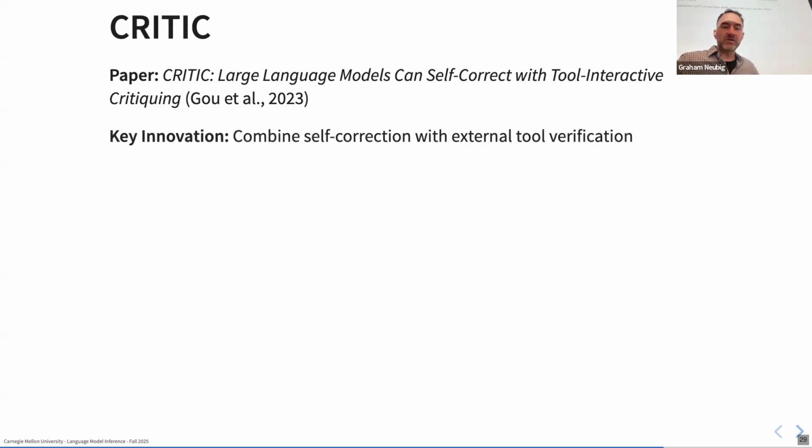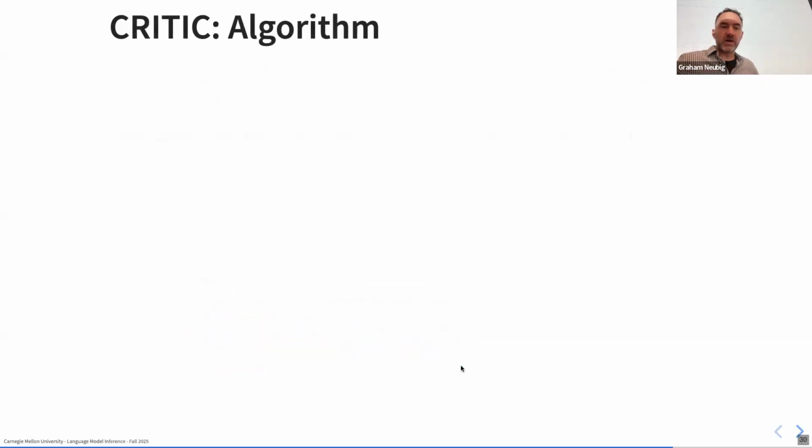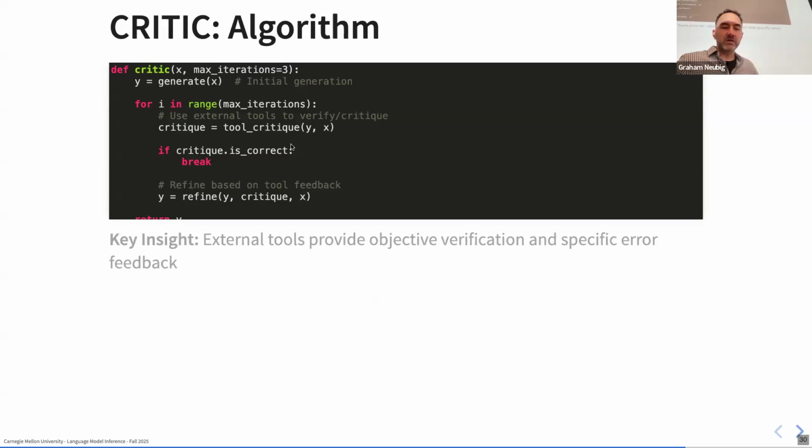And so I think this is kind of interesting. The critic, when it does verification, can look up things in a knowledge base or run a code interpreter or use the Perspective API to check whether it's positive sentiment or use a search engine or something like this. So the general idea is that you add tools during the critiquing process.